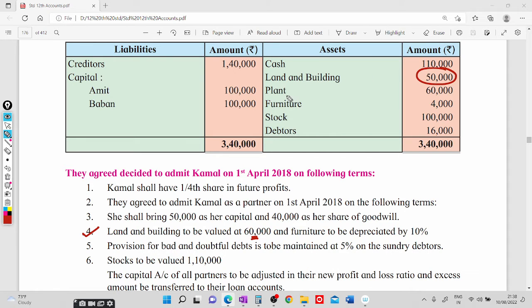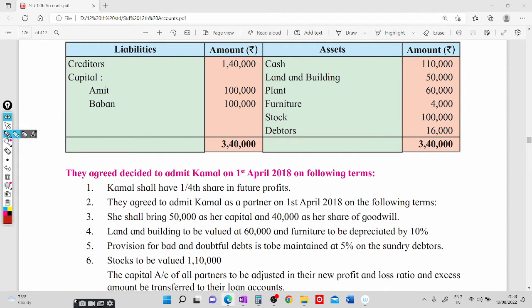There is no change in the value of plant. But as you can see, the furniture having a book value of 4,000 is depreciated by 10%. Stock is revalued at 1,10,000. So stock is increased by 10,000.